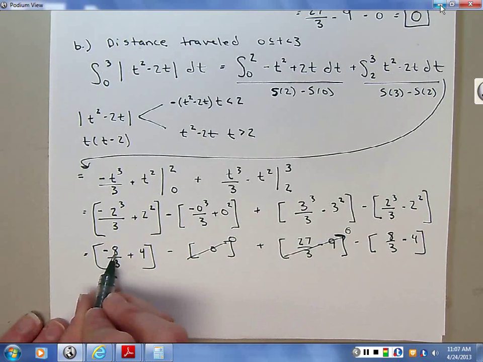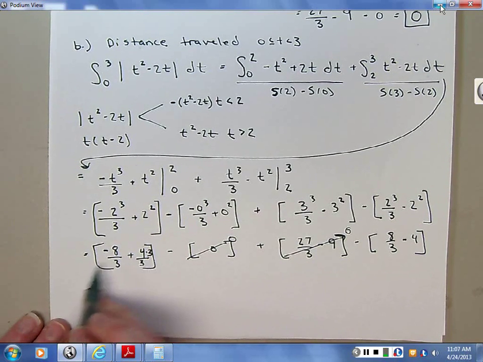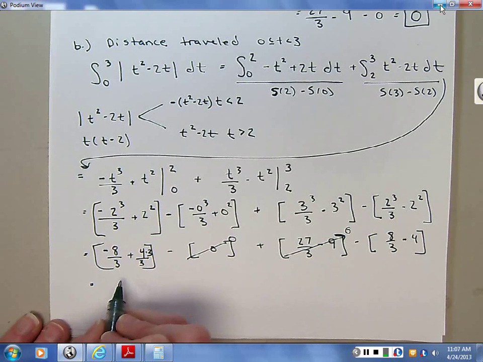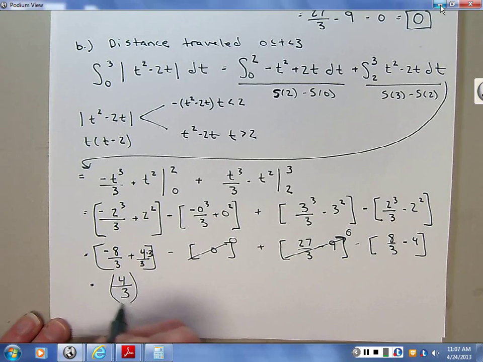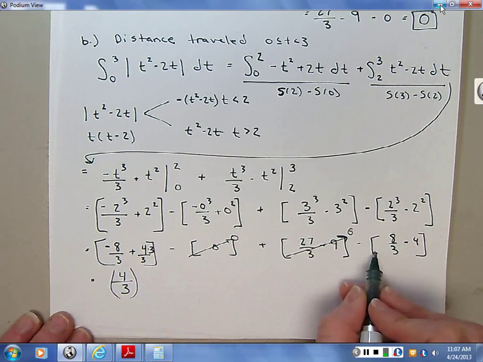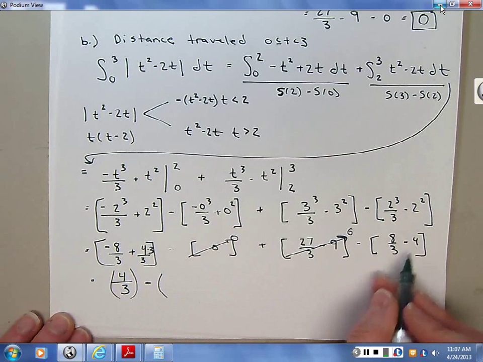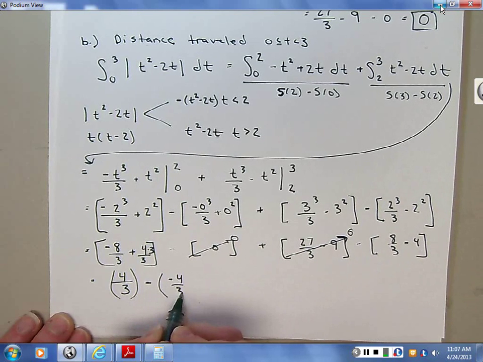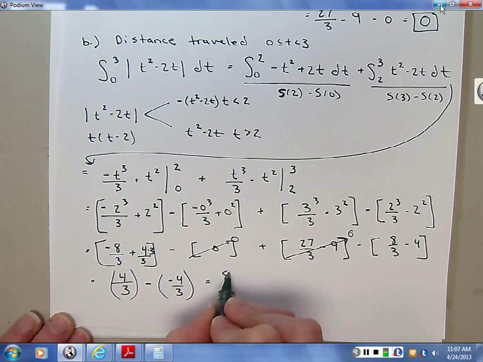So here, if I need a common denominator, I multiply top and bottom by 3, so I have 12 minus 8. So that's 4 over 3. And then from here I have a minus 4 over 3, which would give me a positive 8 over 3.